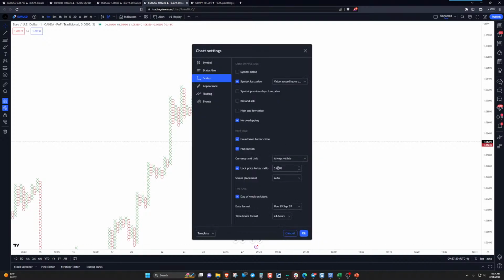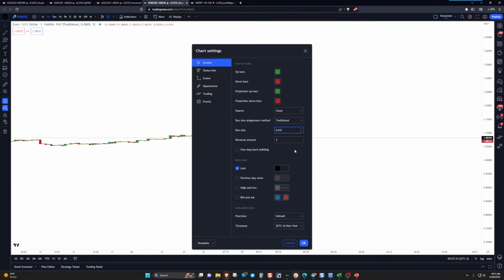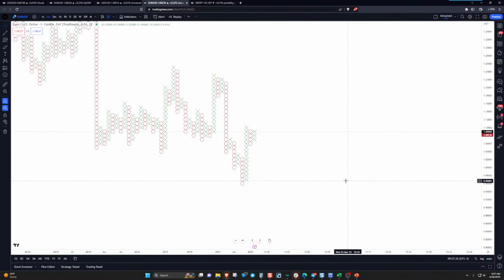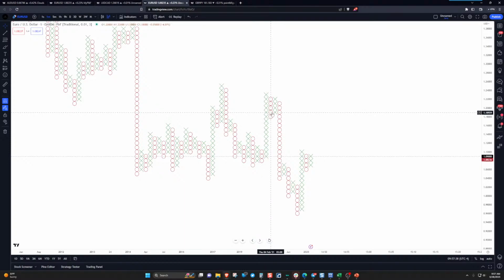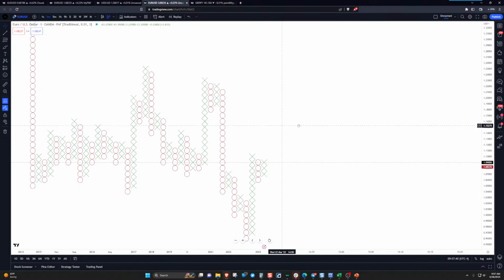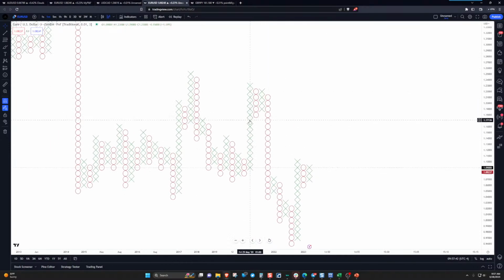So if we do like a 100 pip box size chart, I mean, yeah, there's activity, but you can see how long it takes for things to show up. Like this column of X's formed on the 29th of May. The first three box reversal showed up on the 29th of May 2020, and then the next column of O's didn't show up till February of 2021.